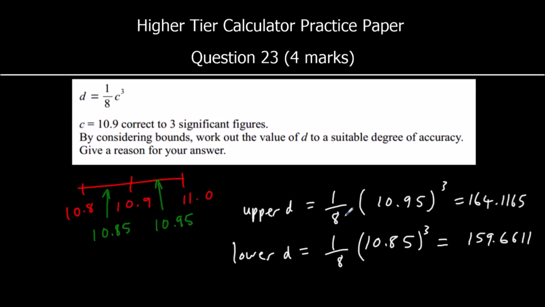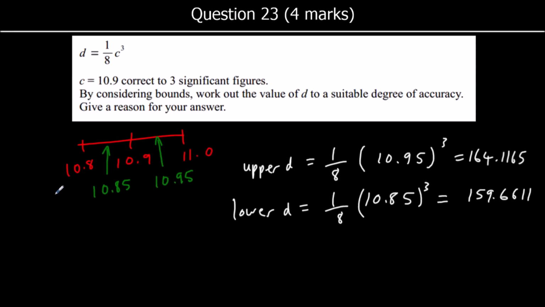So by considering bounds, work out the value of D to a suitable degree of accuracy. So what do the upper bound and the lower bound agree on? So we can't round them to the nearest whole number because there's 164 and 160, but we can round them to the nearest 10 or two significant figures. They will both be 160.